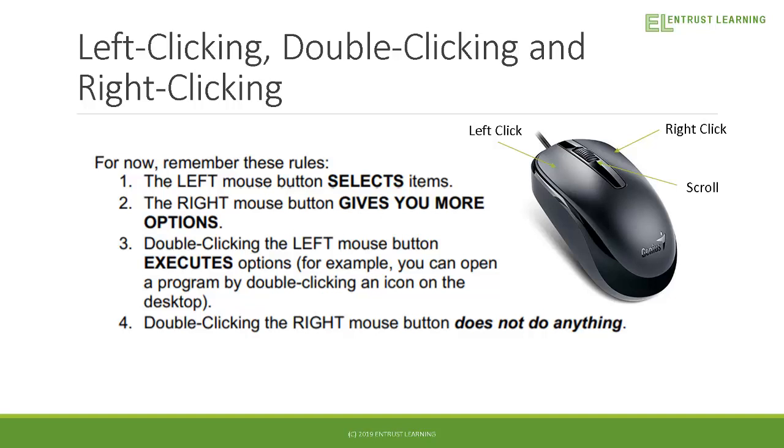Whether you're left or right handed, you can set these buttons up in accordance to your own choice and preference. We also have a scroll wheel in the middle of the mouse, which is commonly found nowadays as we use more and more web pages to scroll up and down. But likewise, you can use this scroll wheel to also go up and down in Word documents that you may be word processing.